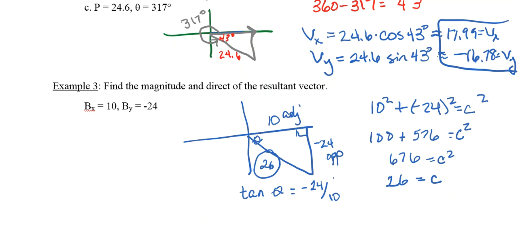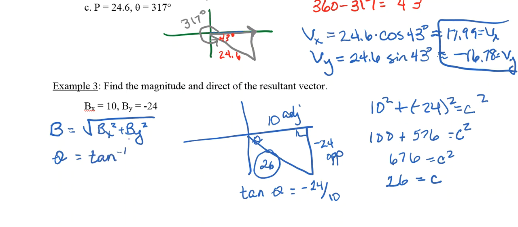Just like we had general rules above when we were finding components, we can make general rules for finding these. So when I'm finding my resultant, or B in this case, it would just be the square root of my x component squared plus my y component squared. So that's the Pythagorean theorem written down, solving for c. And then to always find my theta, it would always be inverse tangent.